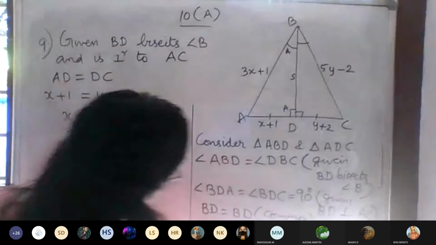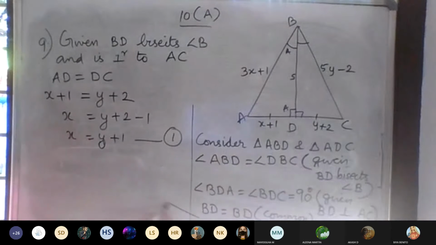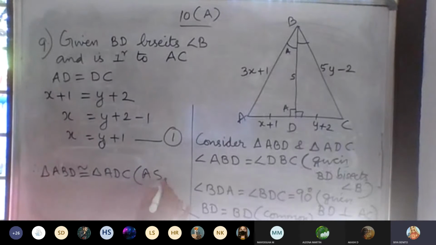Therefore, triangle ABD is congruent to triangle ADC using what? Using ASA. Therefore, we can say what?